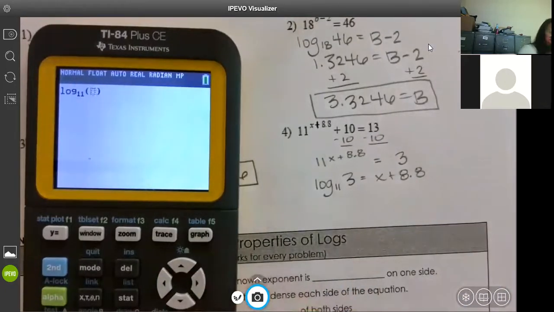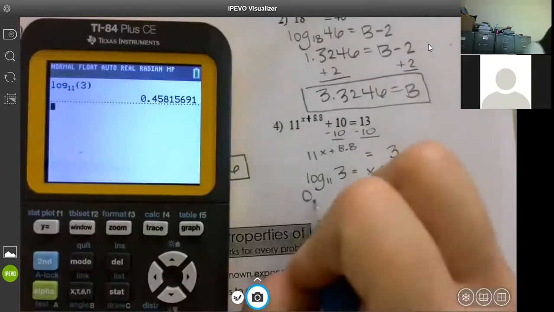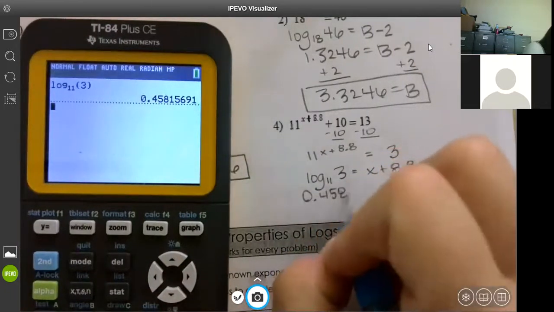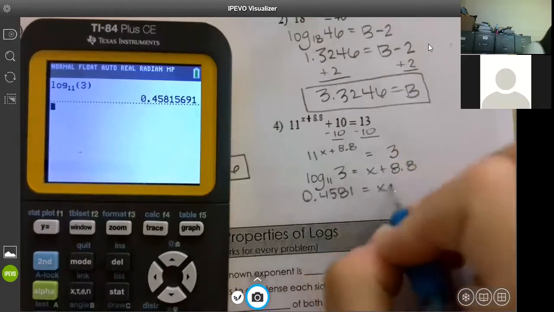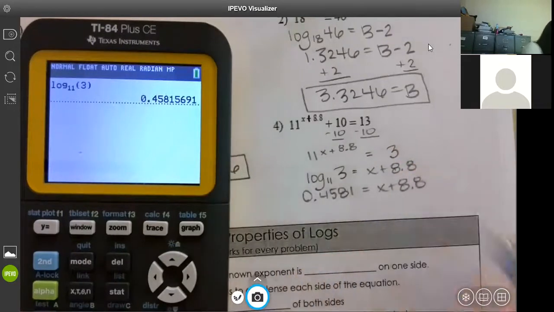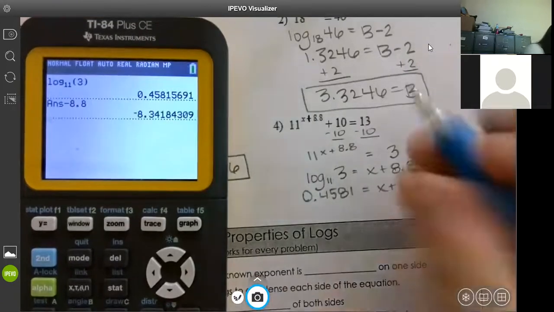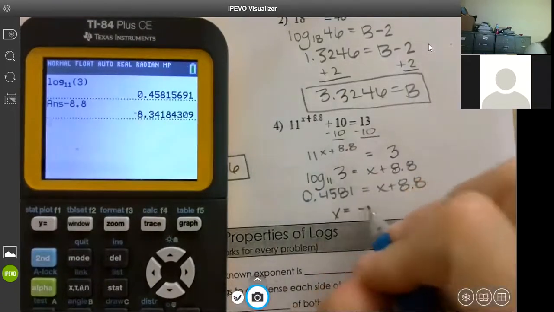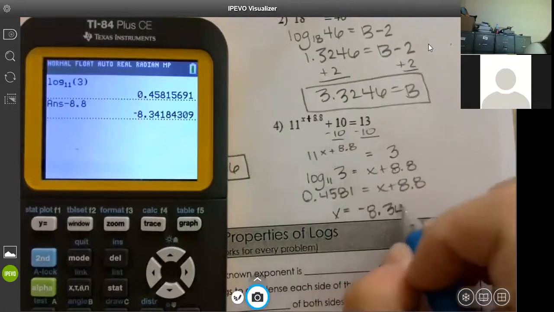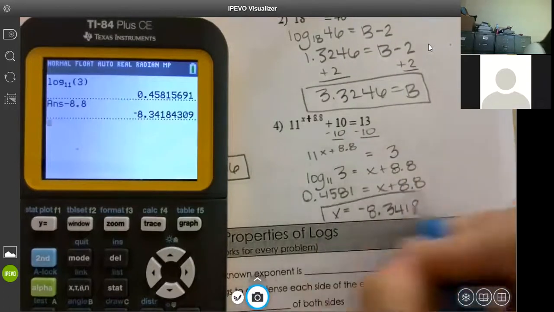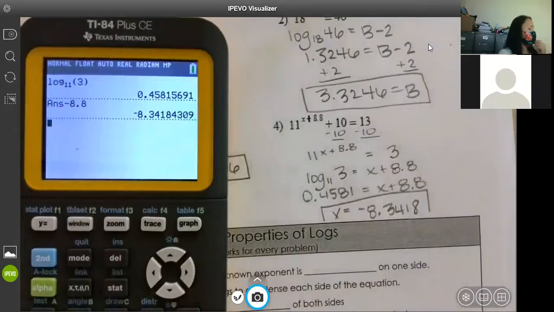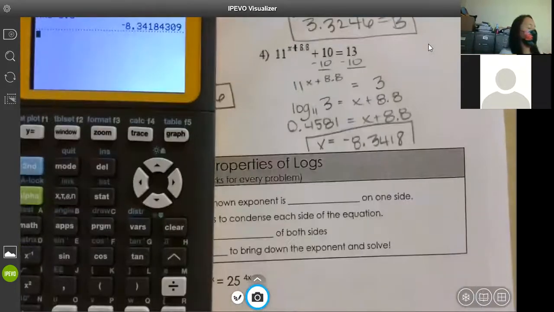Log 11 of 3 is 0.4581. How do I solve? Subtract 8.8, and I get x equals negative 8.3418. That's it. Nothing crazy.